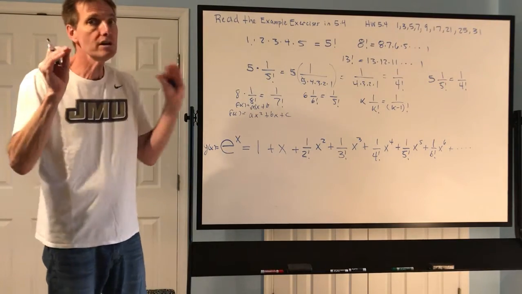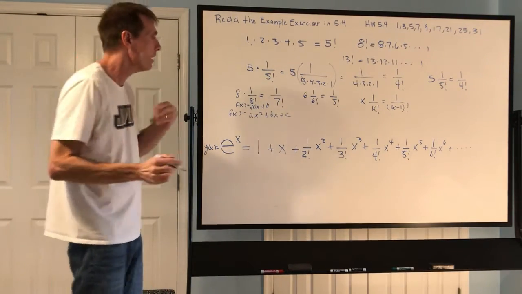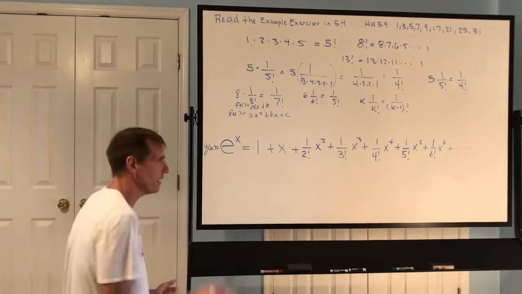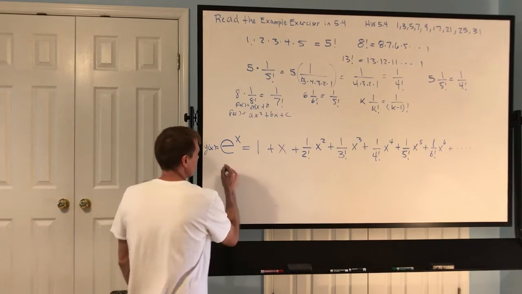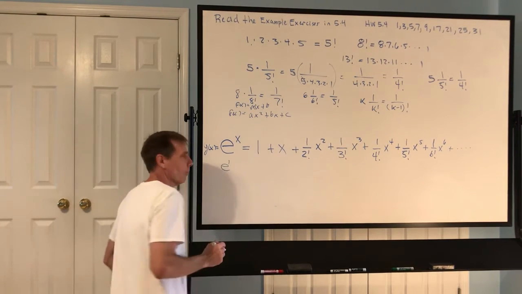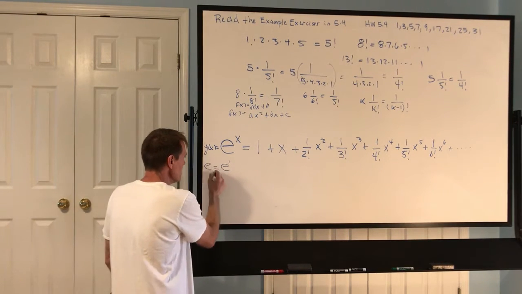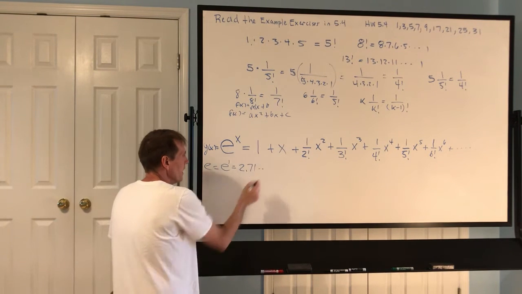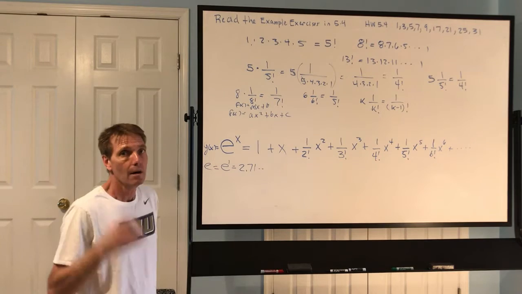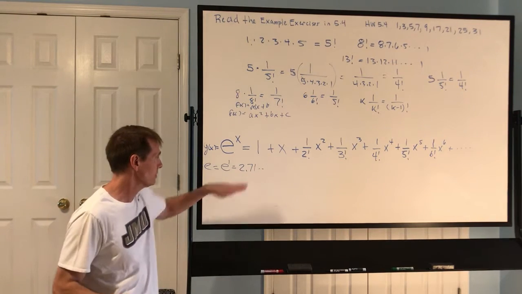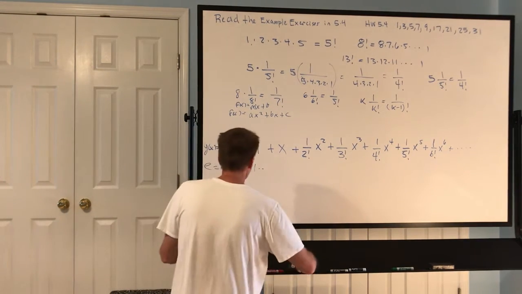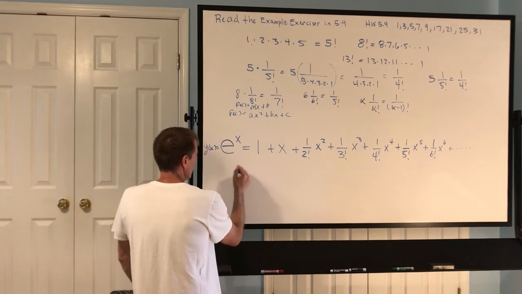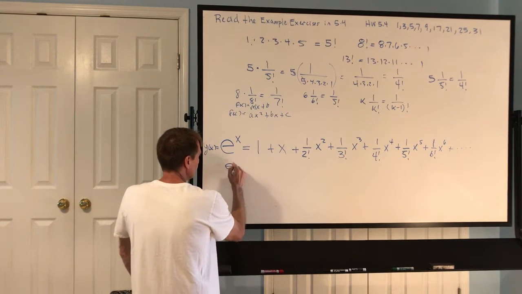Now you can take out your calculator, and if you wanted to get an approximation to e, you could put in e to the 1, which would just be e, which would be, if you can remember, 2.71, and then we get a lot of decimal places after that. But if you wanted to figure out how you could actually get this number, wherever you see an x, you would put a 1.